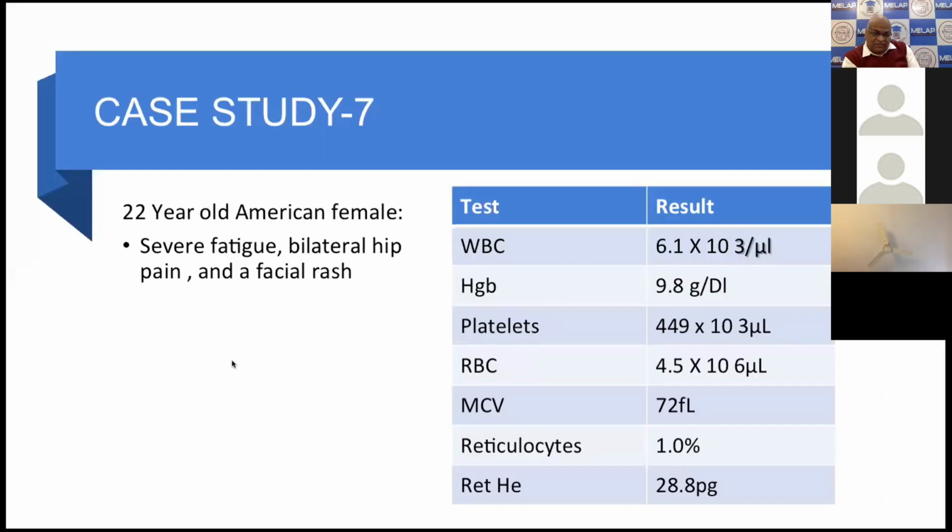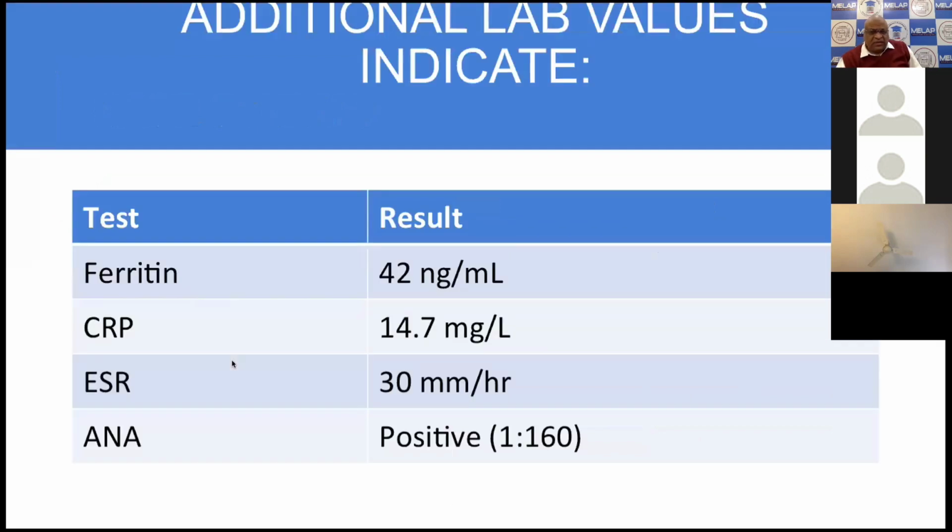Or see this. An American female, fatigue, bilateral hip pain, facial rash. In this, reticulated hemoglobin was 28.8, reticulocyte 1%, MCV low. They thought this is microcytic hypochromic anemia, but in this case, ferritin was normal, 15 to 300 is the normal value. CRP is high, ESR is high, ANA is positive.